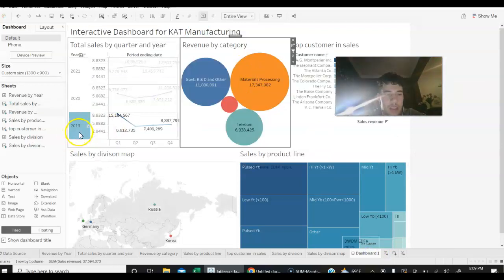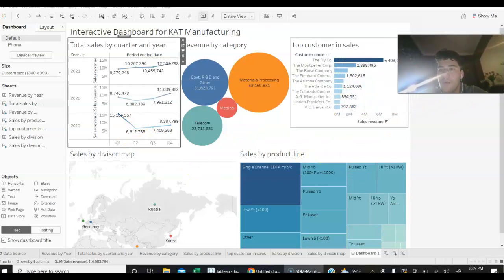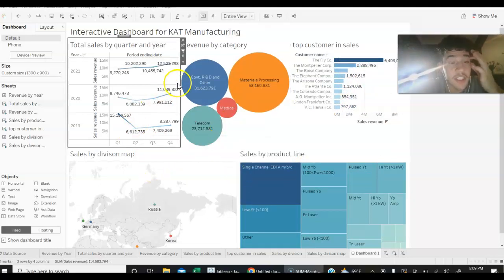So let's unselect this, and so this sums up everything that's in the sheets and helps me to find other trends and drill down to find more specific things. For example, let's look at the case questions.